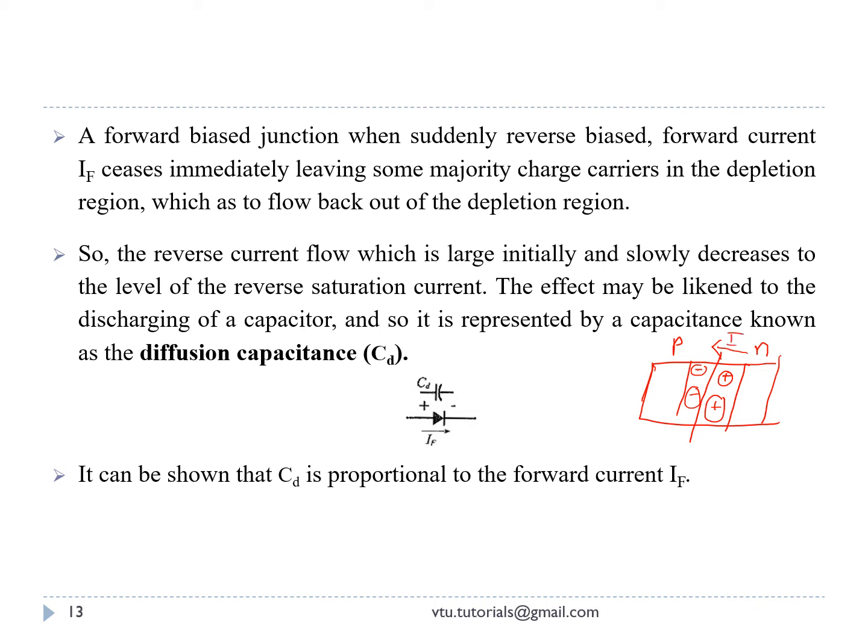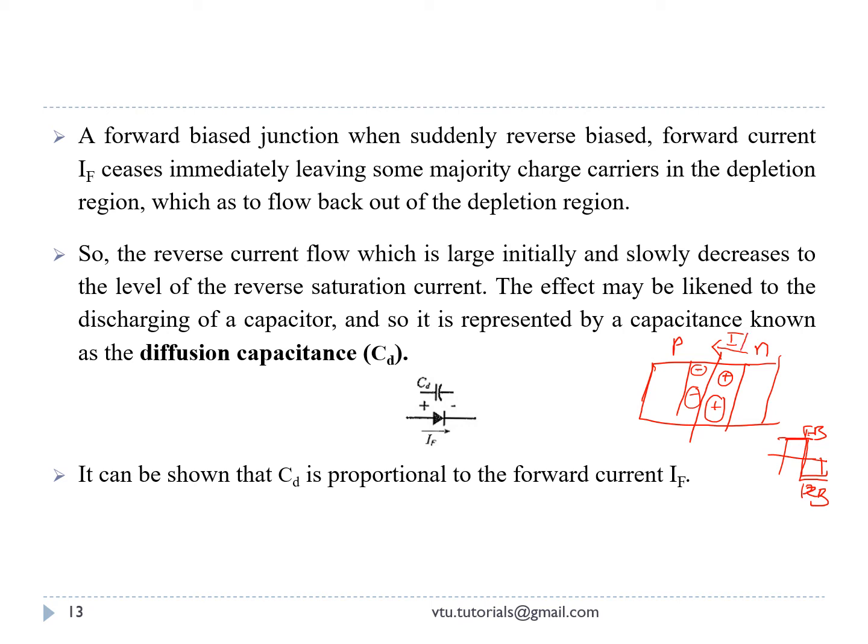When you apply a pulse, if this is the applied voltage, this will be forward biased. When there is a sudden change in the voltage to the reverse bias, there will be a ceasing of the current I. But some electrons may have entered into the depletion region, so it takes some time to reduce the current.